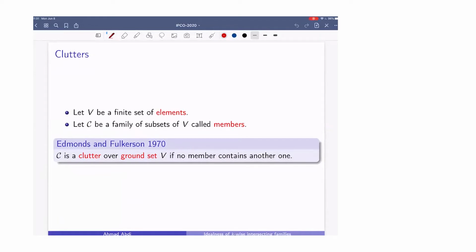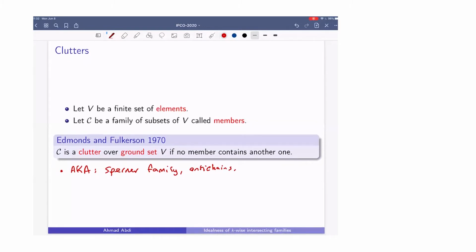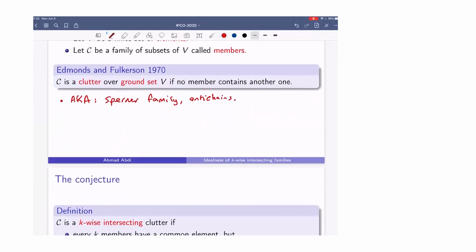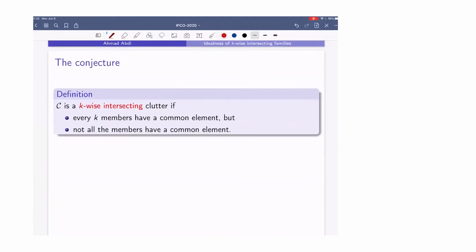These are also referred to as Sperner families and also anti-chains. But in polyhedral combinatorics, we usually refer to them as clutters, following Edmonds and Fulkerson. Okay. So I'll be working with clutters, and I'll get right to the problem.